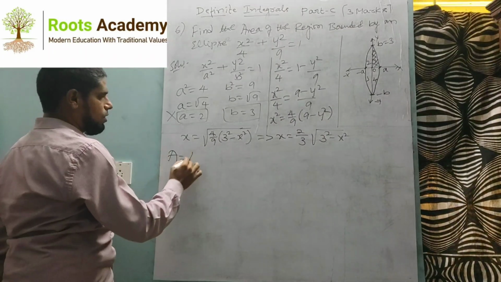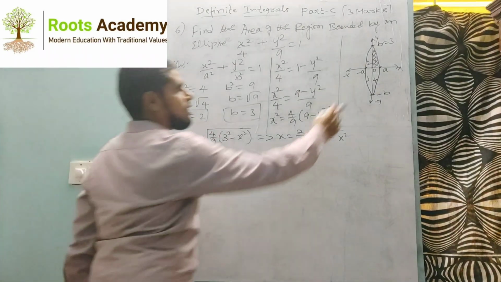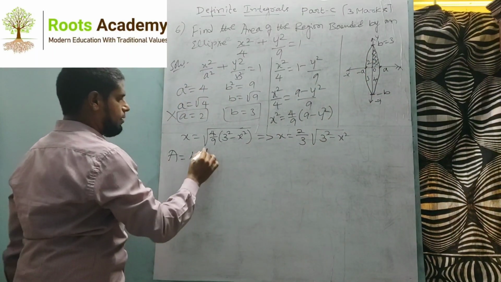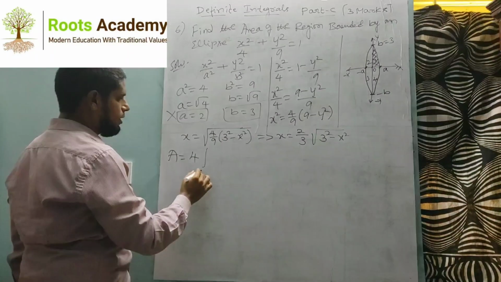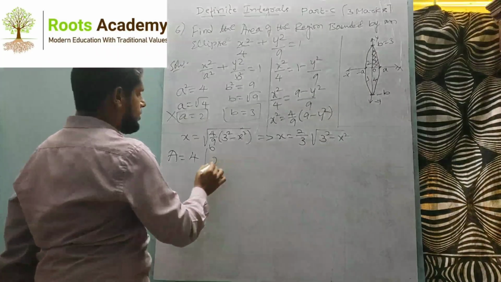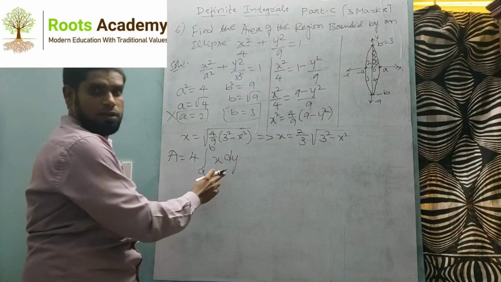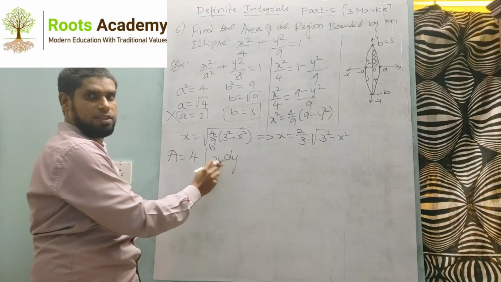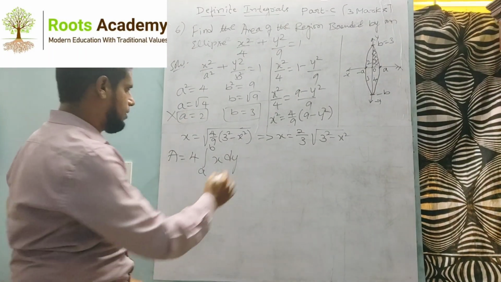Area is equal to, again multiplied by 4 because 4 equal parts are there, integral a to b x dy because it is on the y-axis. So I am integrating with respect to dy.